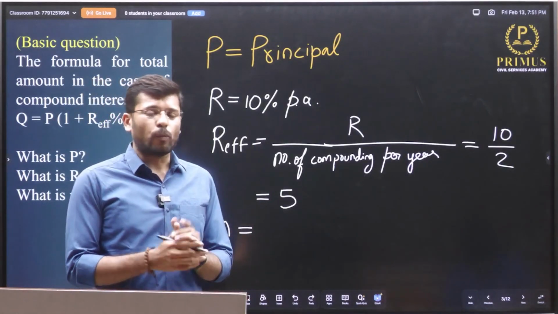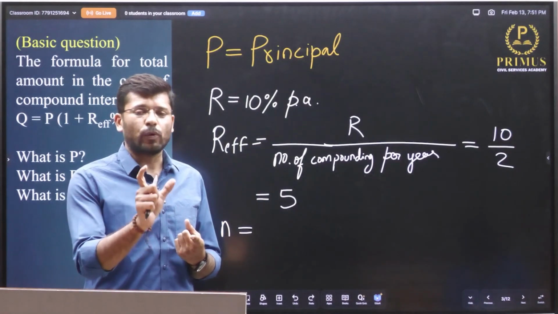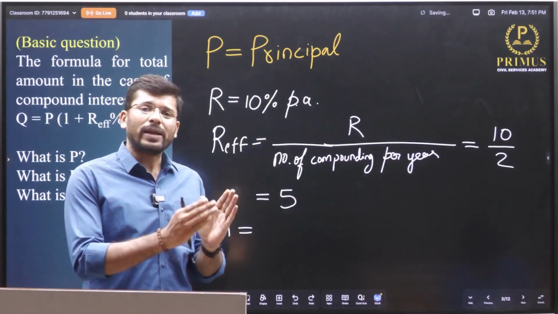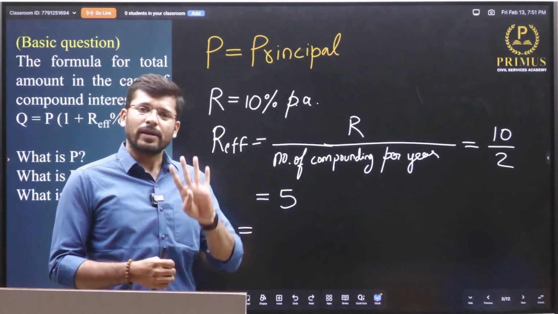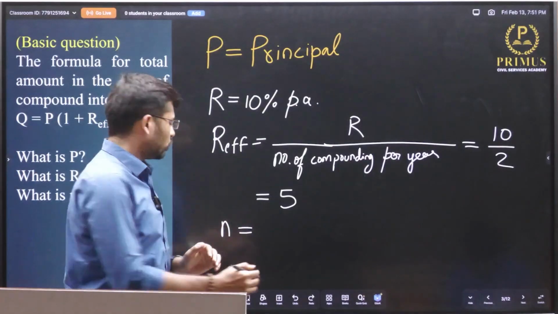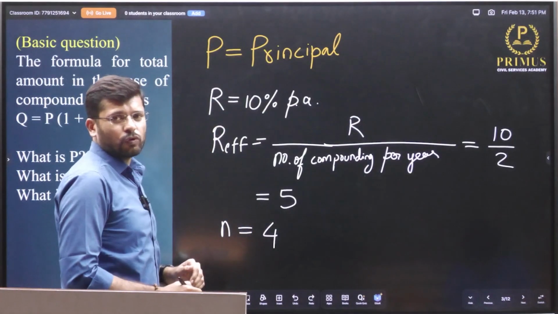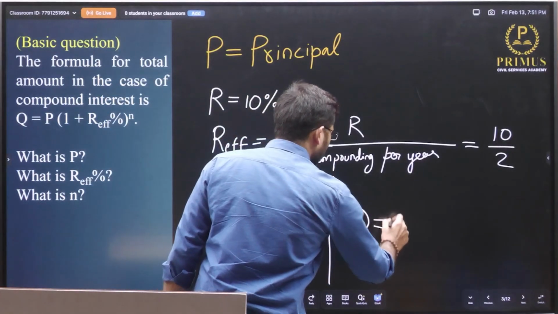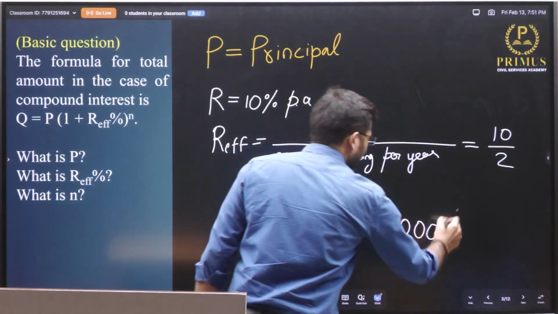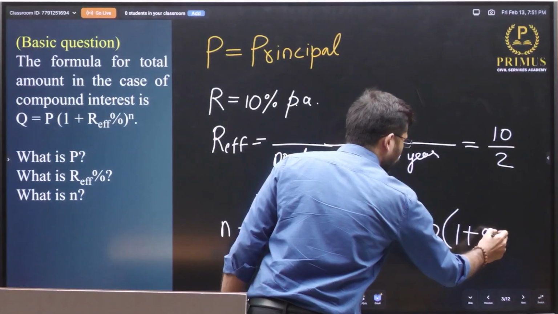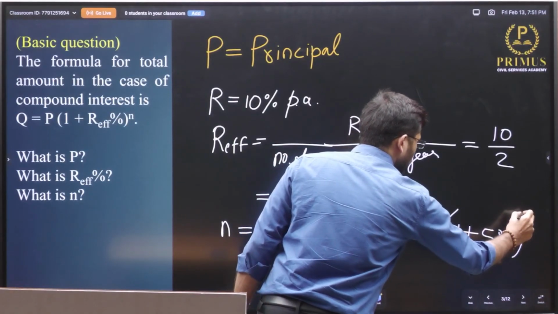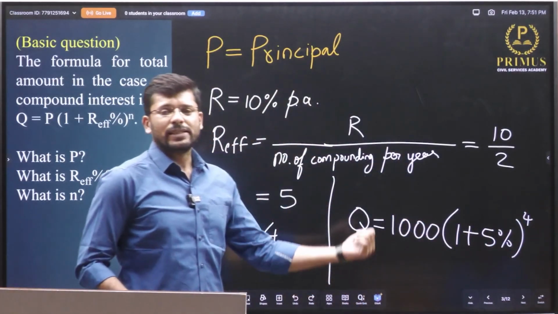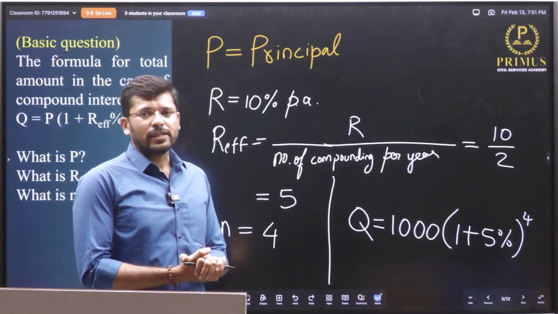In this case, compounding happens once every 6 months. How many such 6 months are there in 2 years? There are totally 4 compounding cycles. So N will take the value 4. So in your case, the total amount Q will be 1000 into 1 plus 5% raised to 4. So this is how the formula for compound interest works.